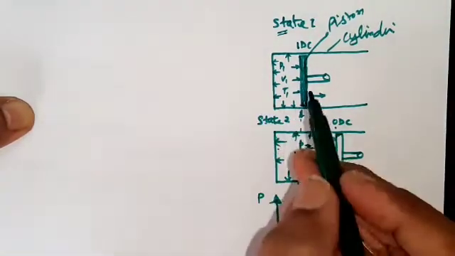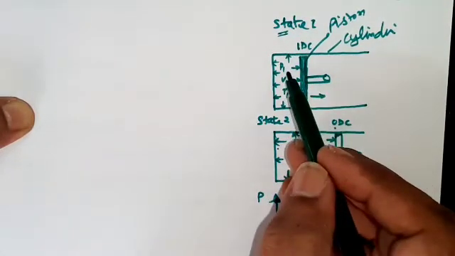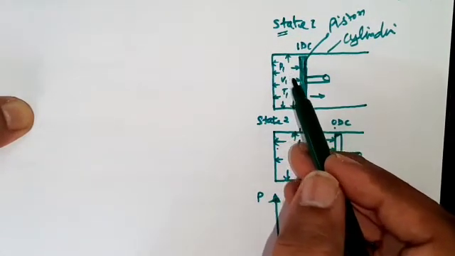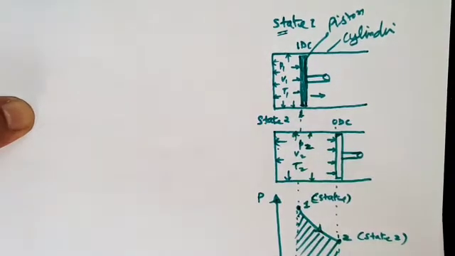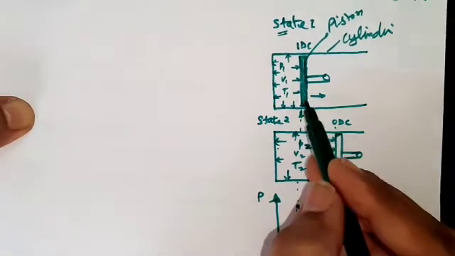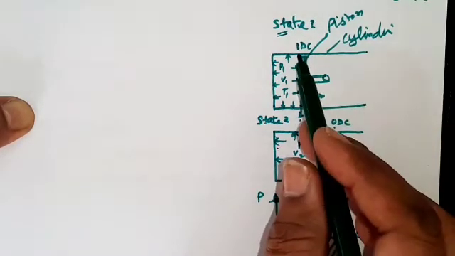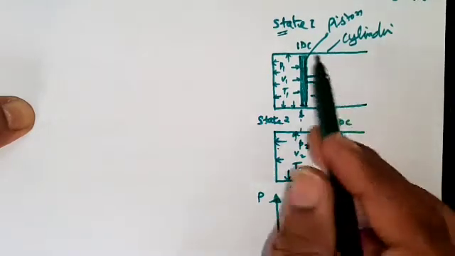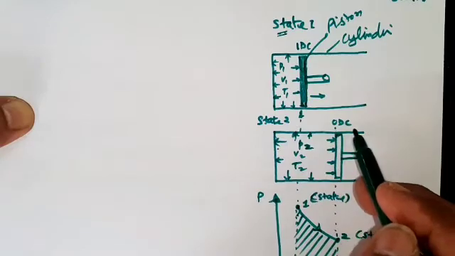So here in case of state first, pressure inside this cylinder is P1, volume V1, temperature is T1, and this piston is moving left to right, means IDC to ODC. IDC is inner dead center, ODC is outer dead center.